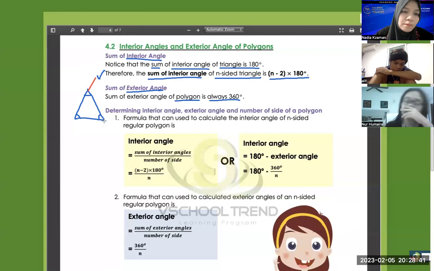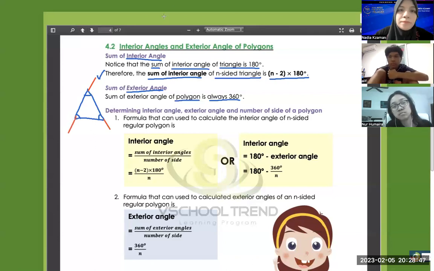Okay, one here, and one here. Okay, what will be the angle of this one? The total angle of red color.